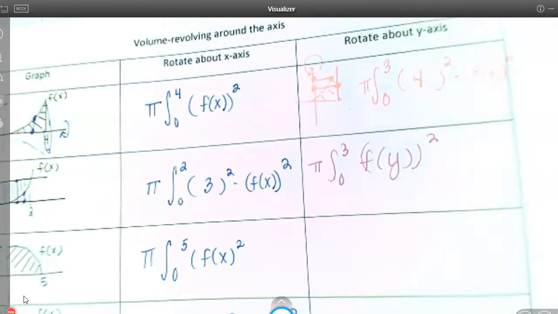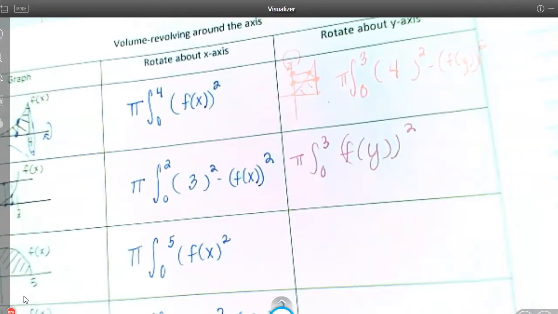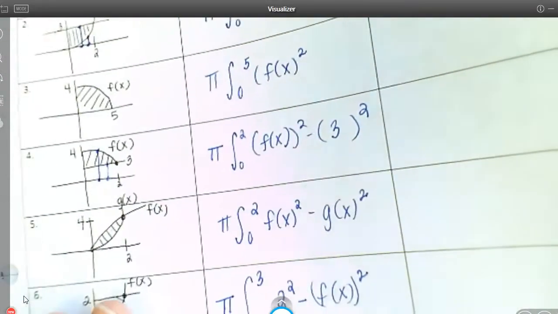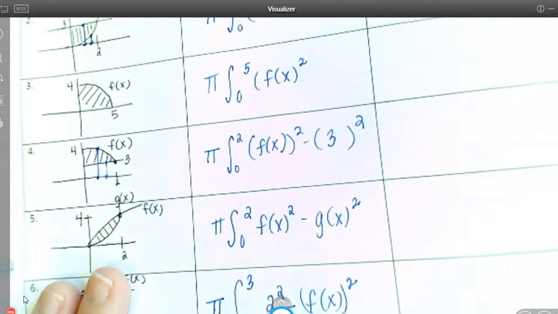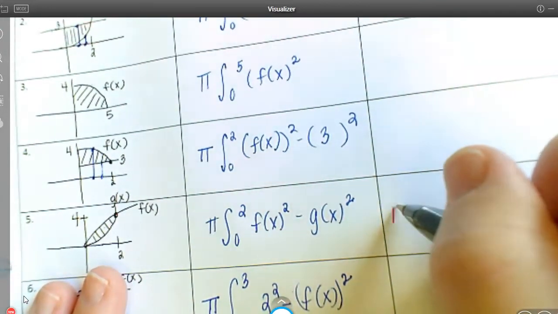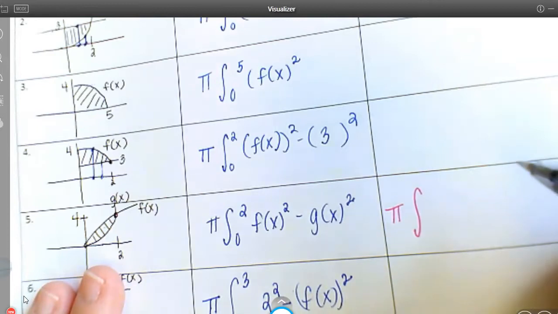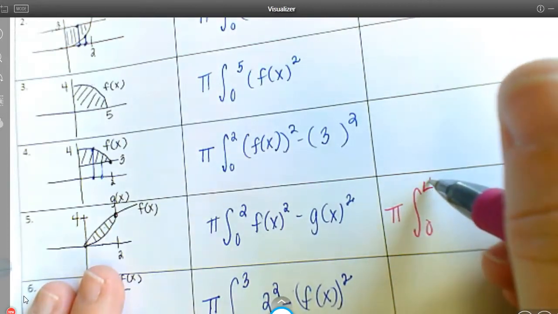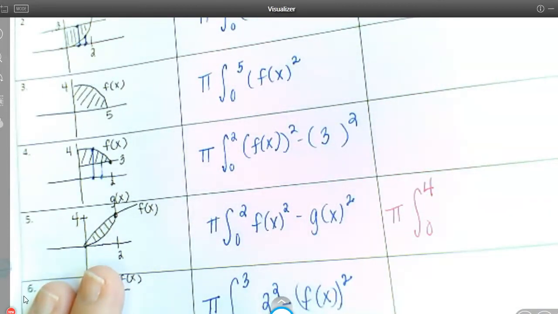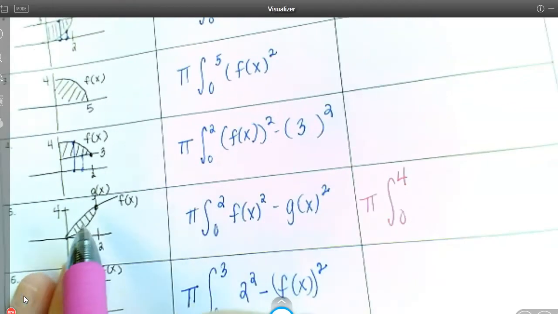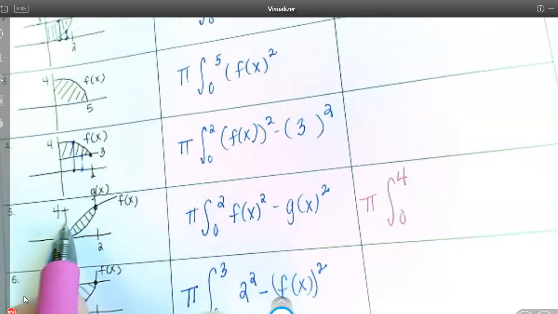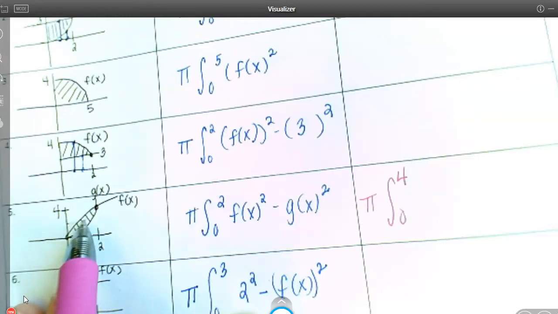Alright, let's look at one that has some kind of hole. Let's look at number 5. So if I go around the y-axis on this one, I'm going to do it from 0 to 4. And this time I'm still starting from the y-axis, but I go as far away from the y-axis as I can.